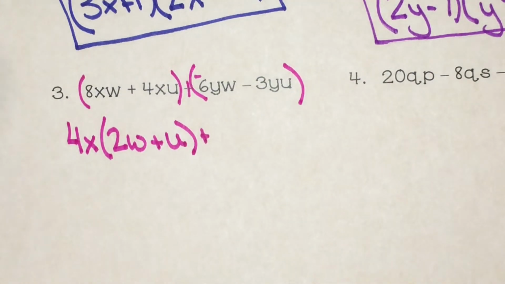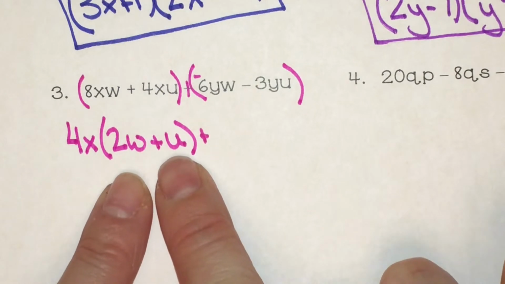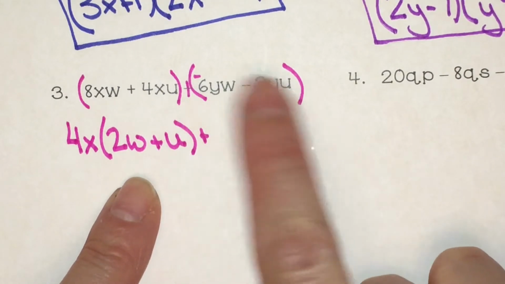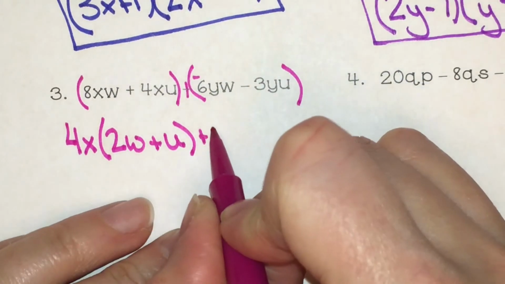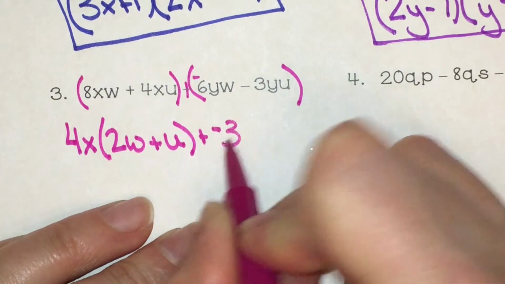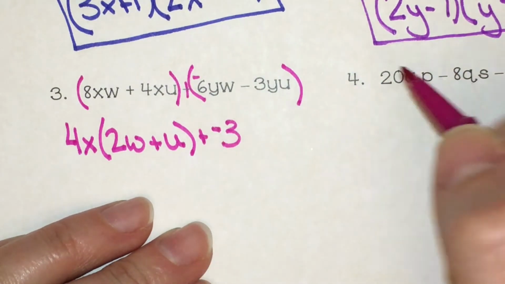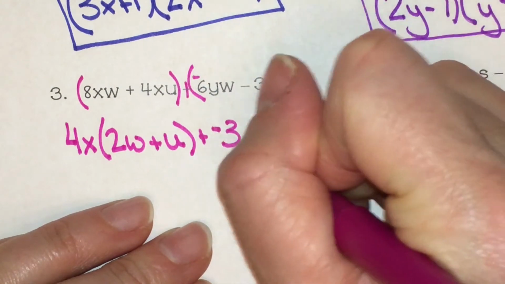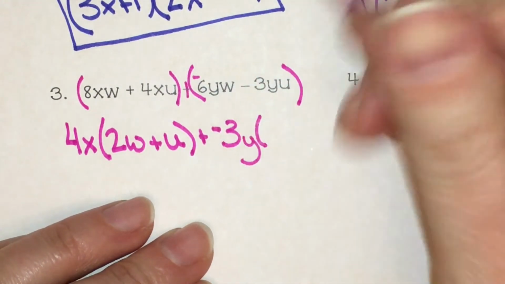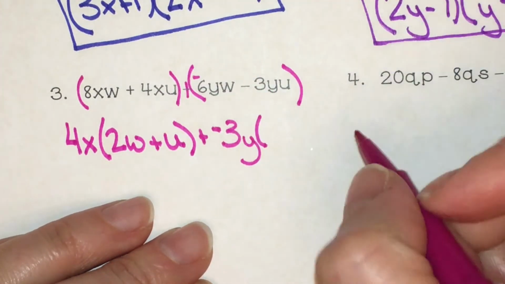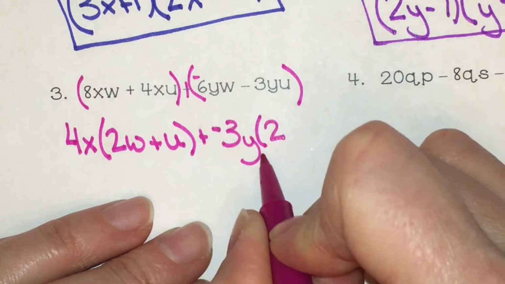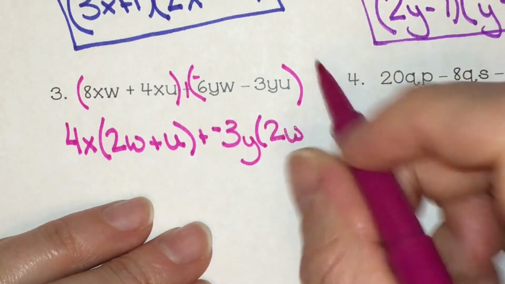Plus, right here, we want everything in parentheses to be positive, so we have to factor out that negative for the second parenthesis. Negative 3 is factored out because 6 and 3 are both divisible by 3, and they both have a y. So negative 6 divided by negative 3 is positive 2. We factored out the y, so we're left with w.